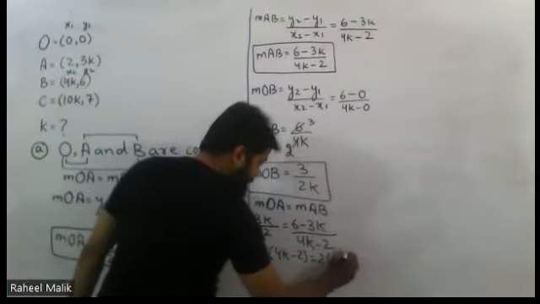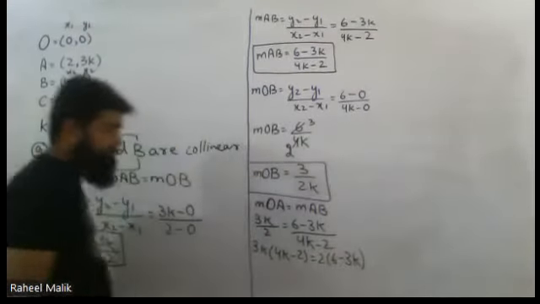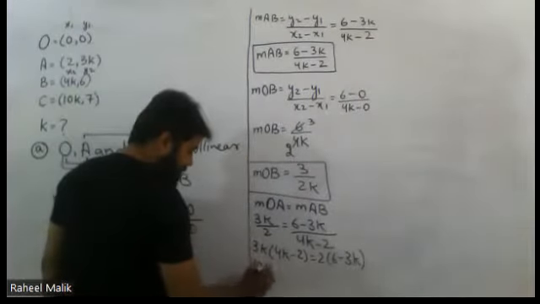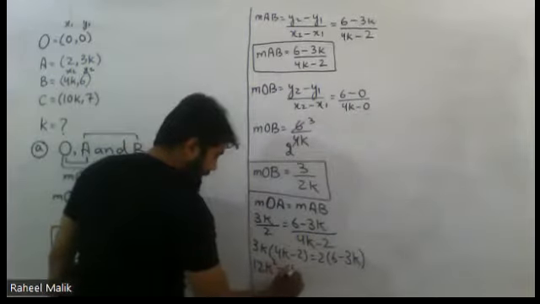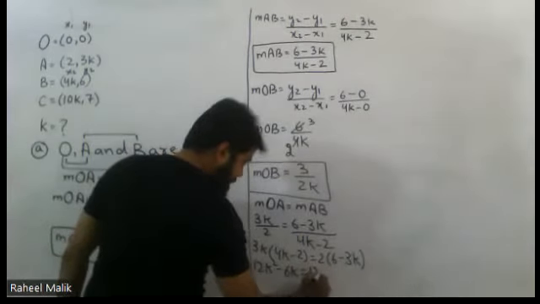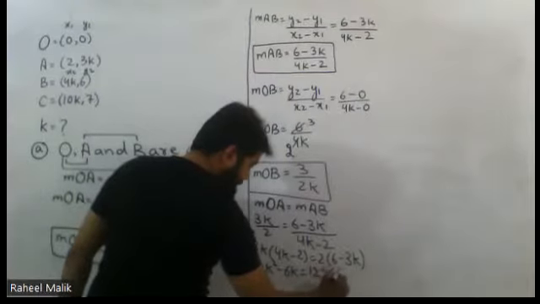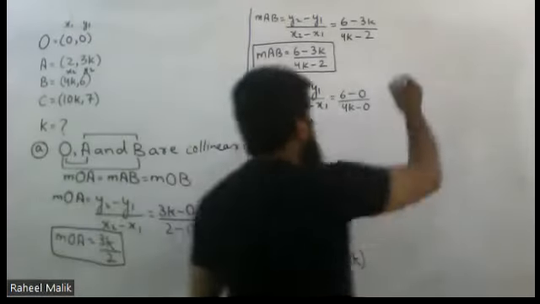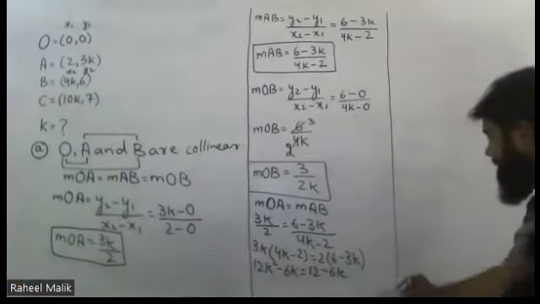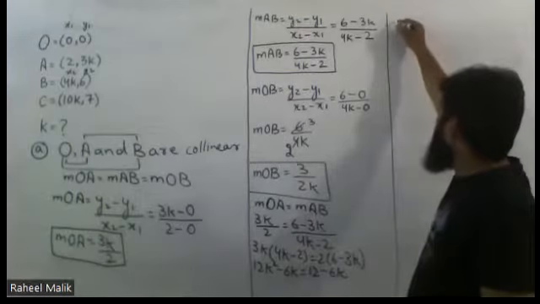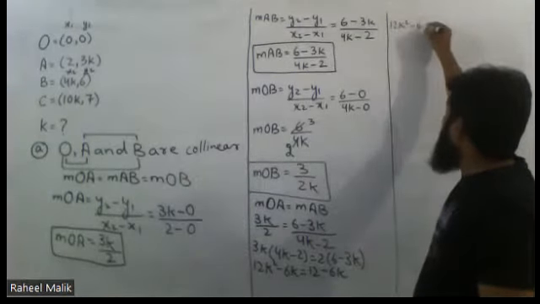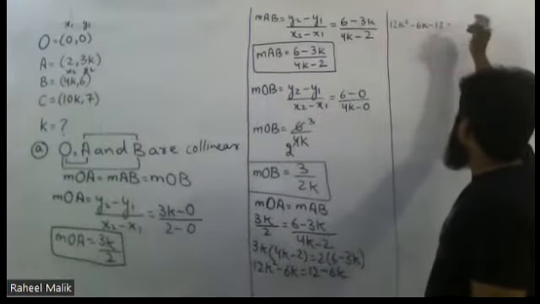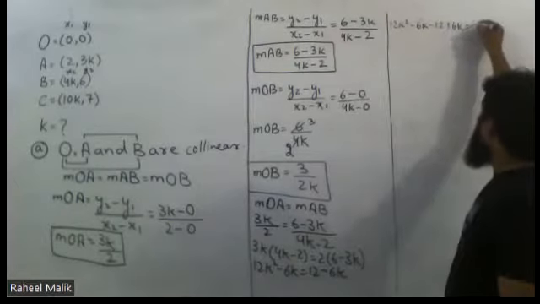equals 2 times (6 minus 3k). 3 4s are 12k square minus 6k equals 12 minus 6k. Simplifying: 12k square minus 6k minus 12 plus 6k equals 0.